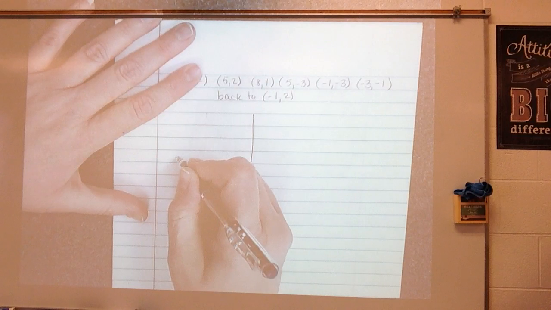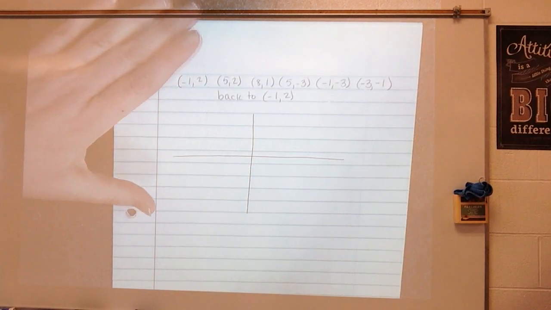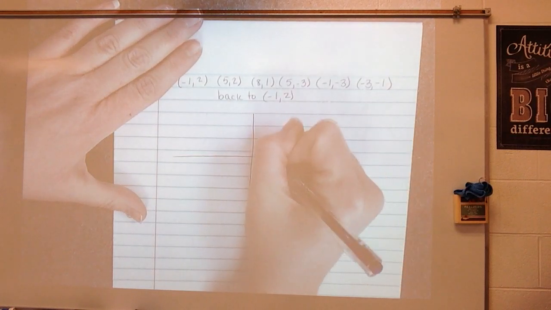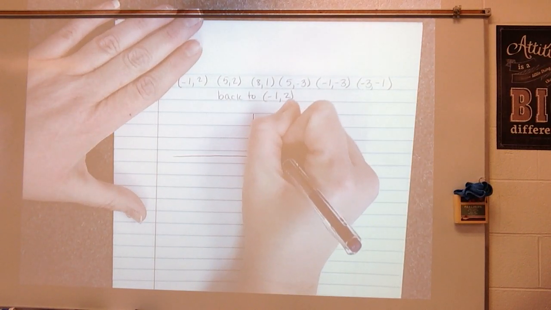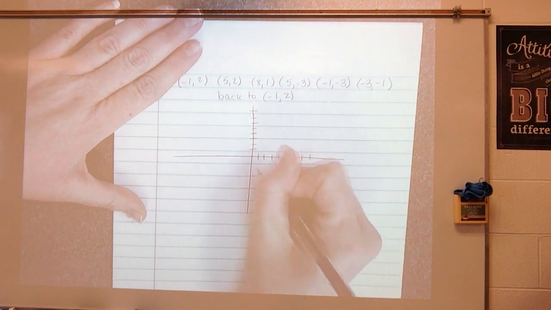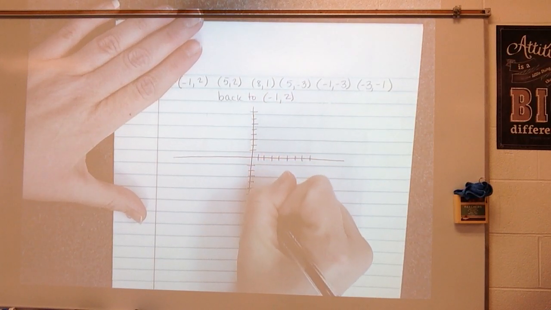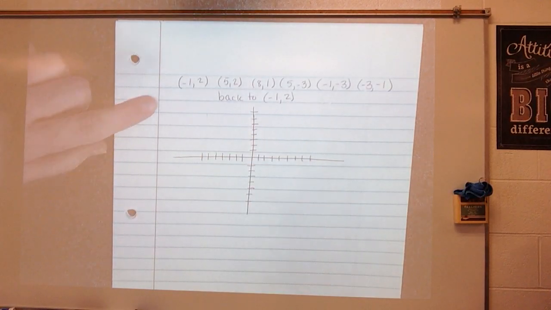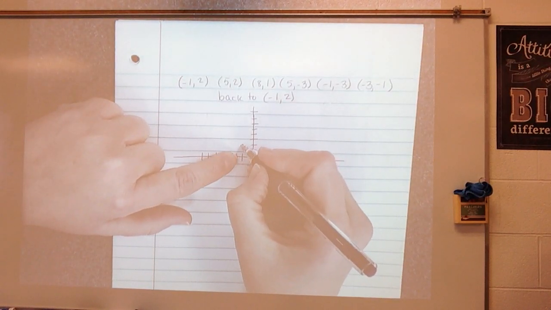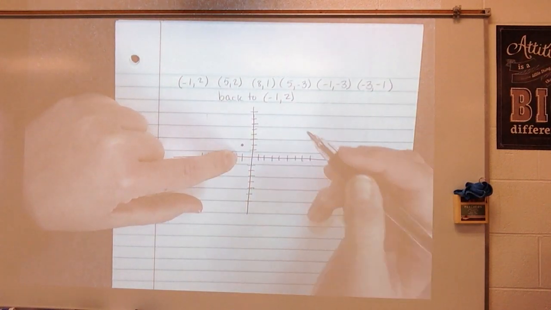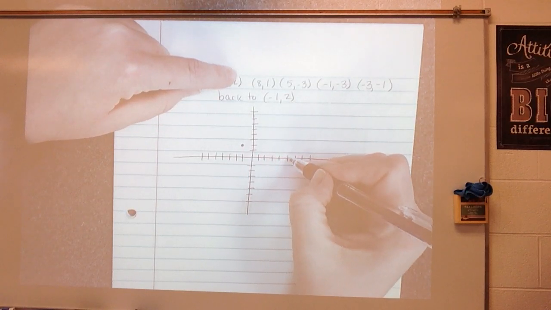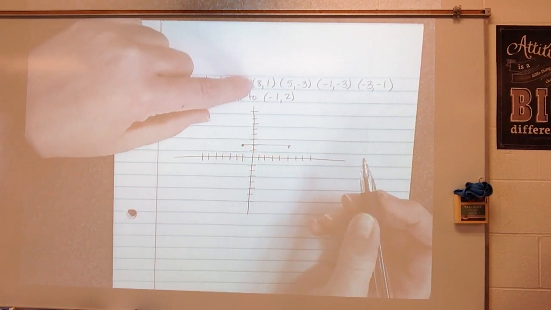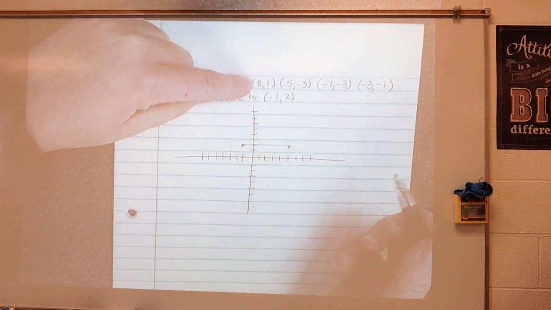Alright, so I think 8 is my biggest. So -1, -1, 2. Alright, 5, 2. And I'm going to connect them as I go, because I'm supposed to be drawing a polygon.